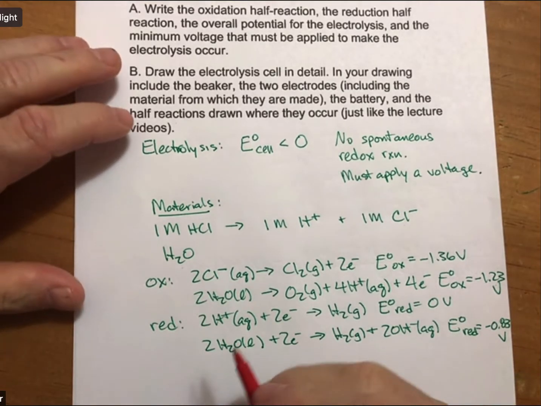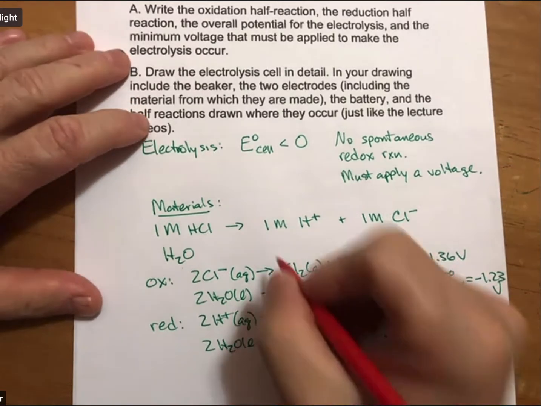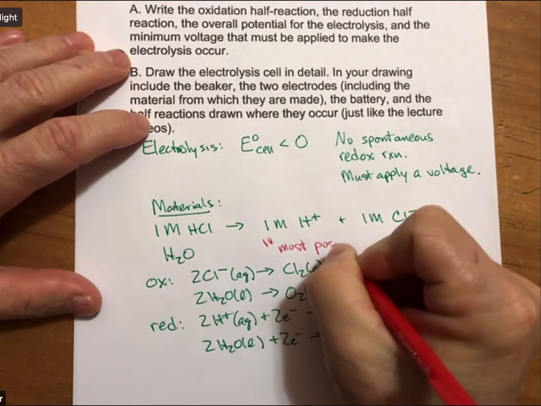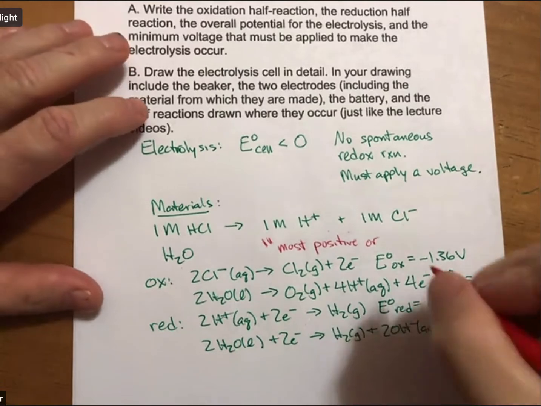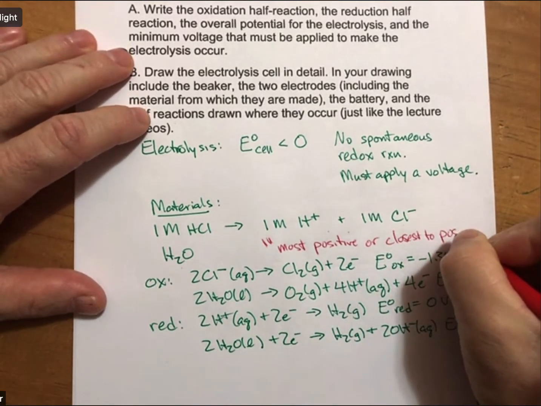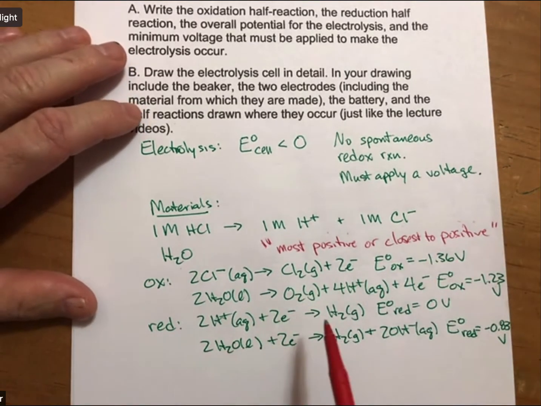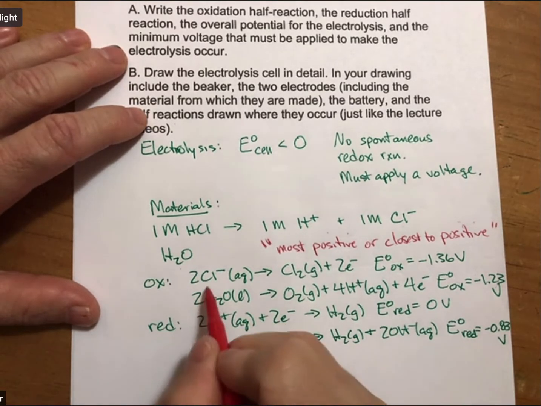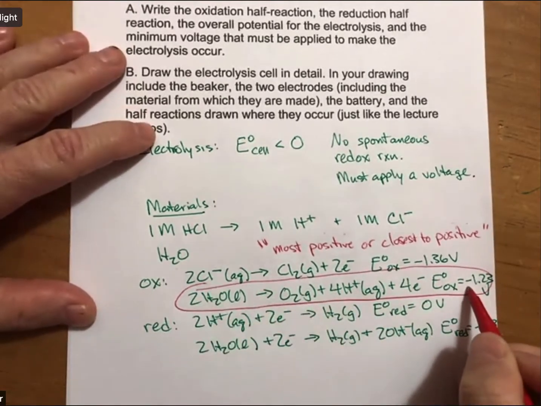For electrolysis, even though we're going to end up with a negative, you still want to pick the most positive or closest to positive, which means that of the 2 possible oxidations that we can do, we're going to do the one that's closer to positive.